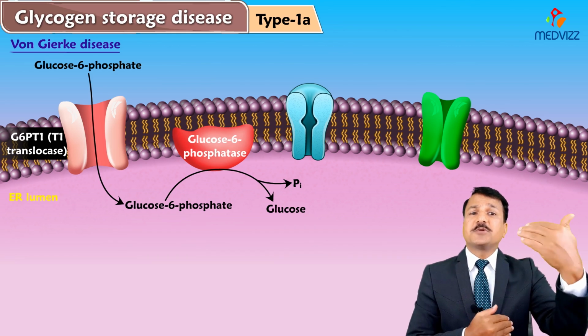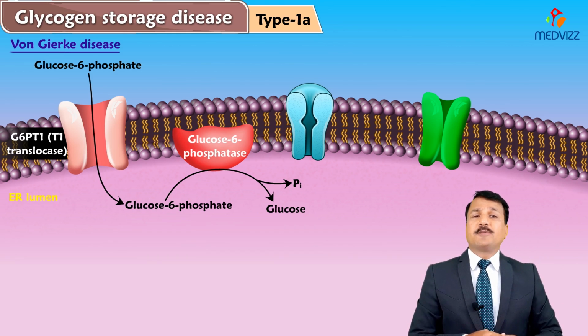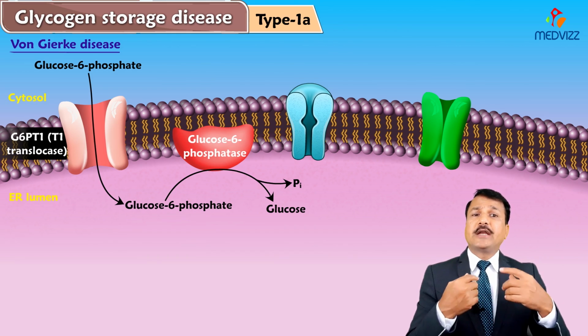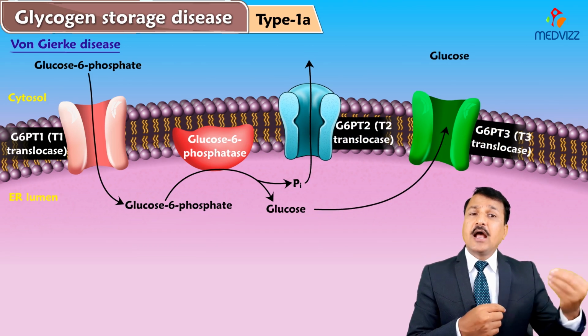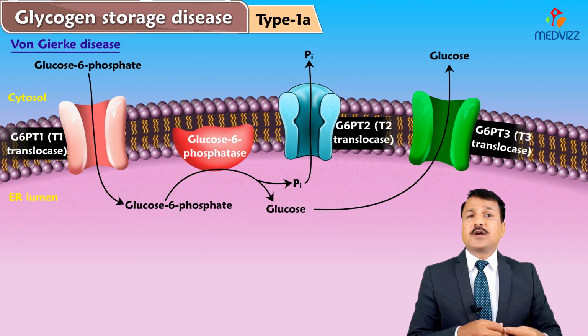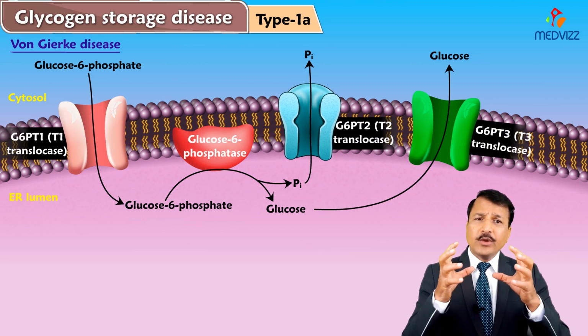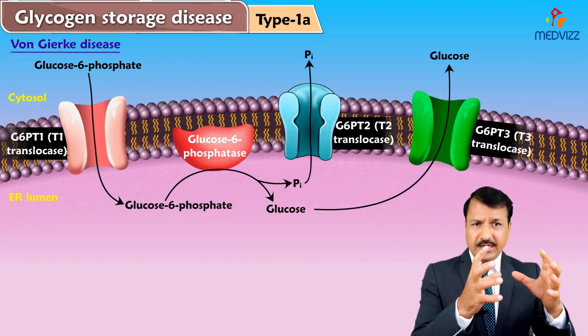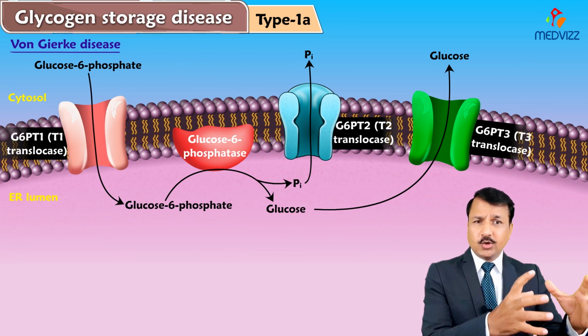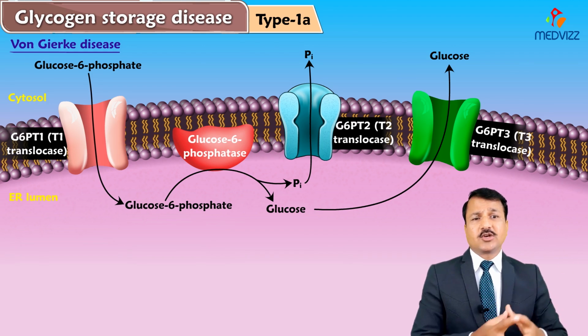The inorganic phosphate comes out into the cytoplasm by the T2 translocase protein, and the glucose comes out into the cytoplasm by the T3 translocase protein. So we need glucose 6-phosphatase, T1 translocase, T2 translocase and T3 translocase.